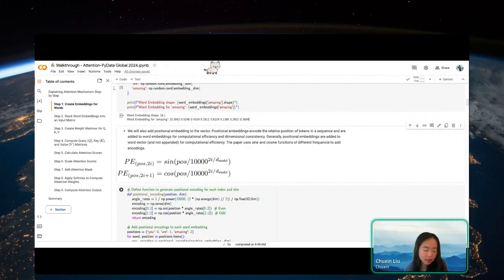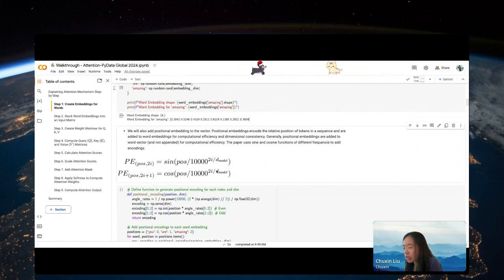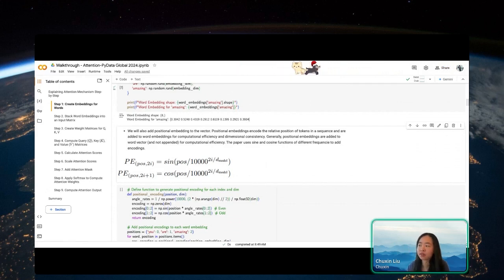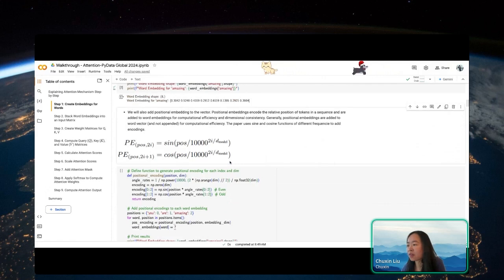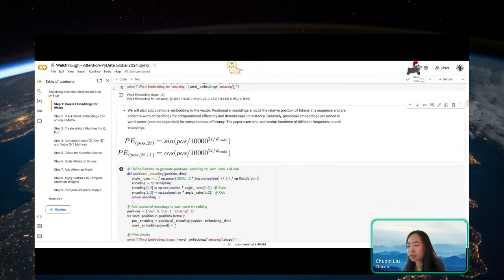Generally, we just add these numbers onto the word vector instead of having a longer vector. So we still have a vector of 8. It's just that we change the numbers in the embedding. In the paper, it uses sine and cosine functions. So I have defined the positional encoding functions for you.